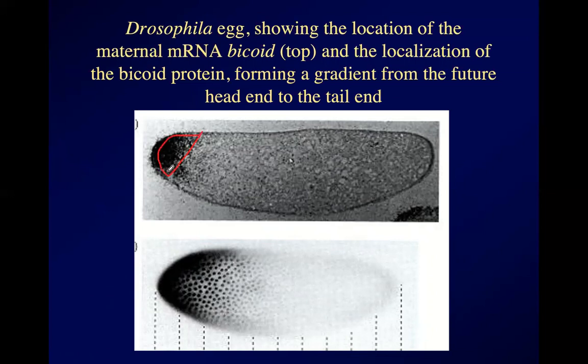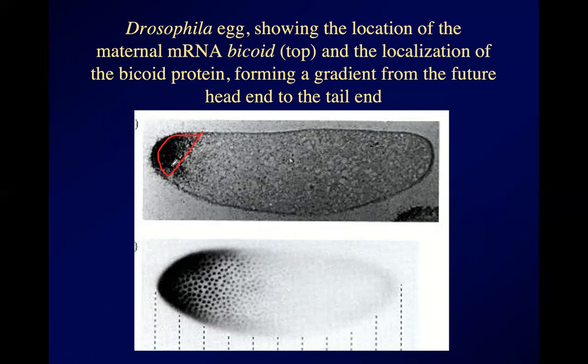Nüsslein-Volhard found, by the way, that if she stuck a pipette into a fruit fly egg and slurped out this bicoid maternal messenger RNA, the egg would develop into a two-tailed embryo. You'd end up with an embryo with two butts and no head.